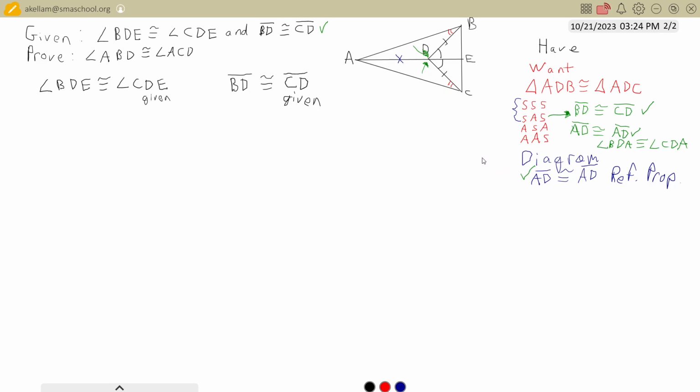I'm also going to put, because it's something that we have from our diagram, that we have AD congruent to AD, and the reason here being the reflexive property.